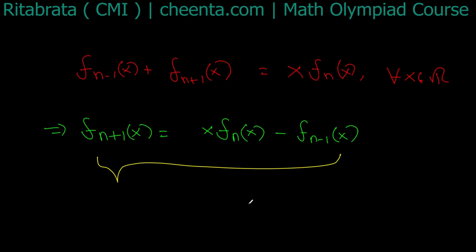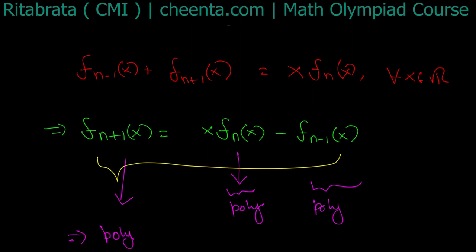You can just use strong induction: if f_{n-1} and f_n are polynomials, then in that case x times f_n(x) is also a polynomial, and sum and product of polynomials are polynomials. So f_{n+1}(x) is also a polynomial by induction.